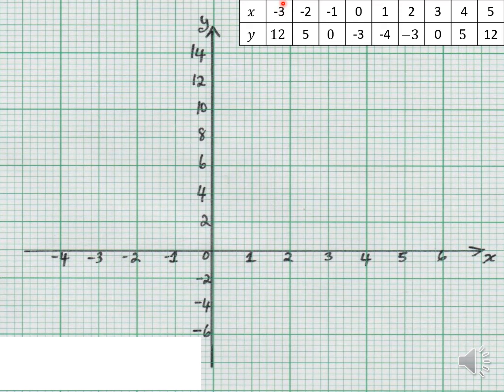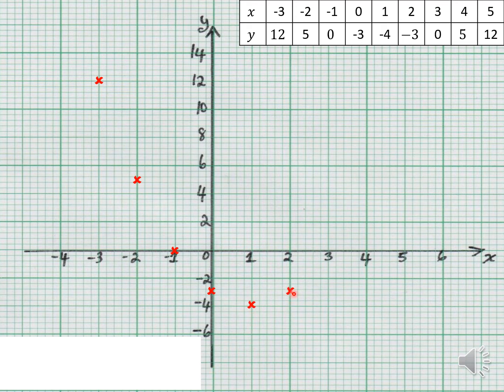So I'm just going to plot these points again. The point (-3, 12) is all the way here, then (-2, 5). You can see 5 is halfway between 6 and 4, so make sure you get that right, otherwise your point will be out. And (-1, 0) is on the x-axis, as well as (0, -3) is on the y-axis, and then we get the point (1, -4) all the way down here, and then we have (2, -3).